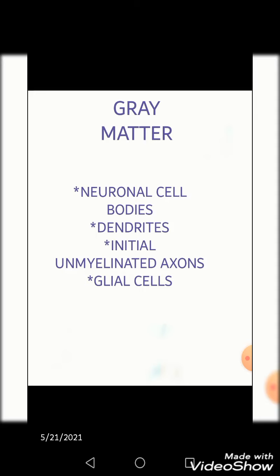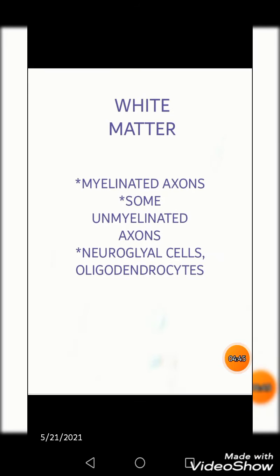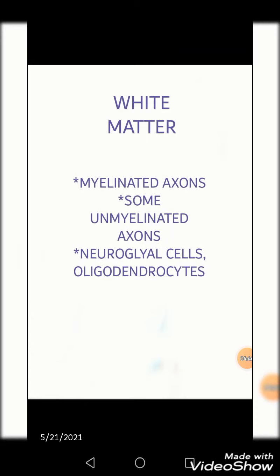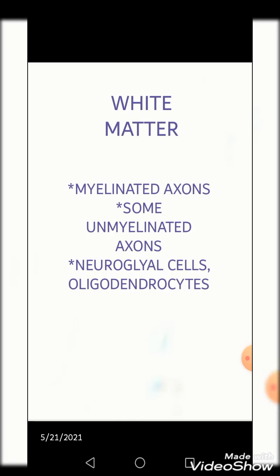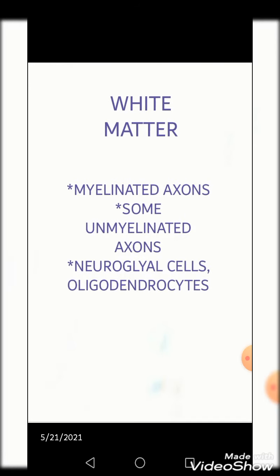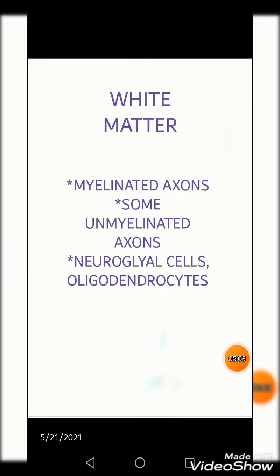These are the structures you would observe in the gray matter of your spinal cord, right? And the white matter of your spinal cord shows mainly myelinated axons, but some unmyelinated axons could be a part of it. And you expect the neuroglial cells which are supporting in nature, for example, oligodendrocytes, right?